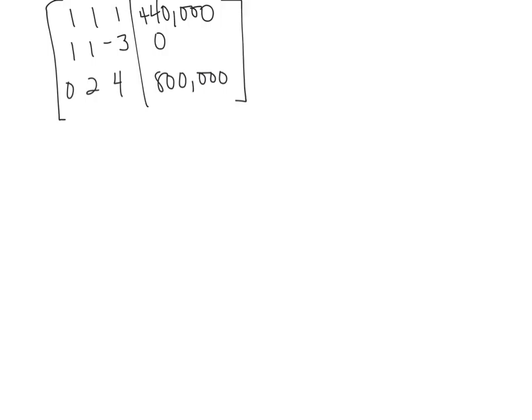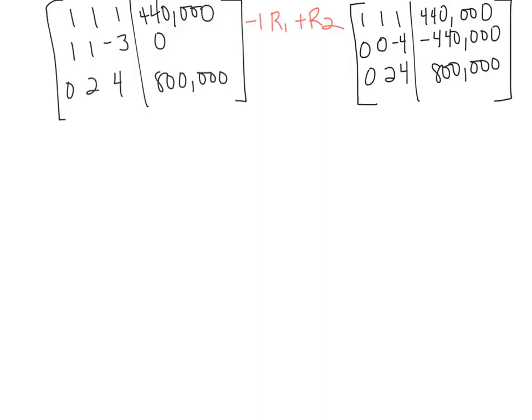The next thing that we're going to do is multiply row 1 by -1 and add it to row 2. When we do that, we end up with the matrix that you see here, which is nice because now we can swap the second and the third row.